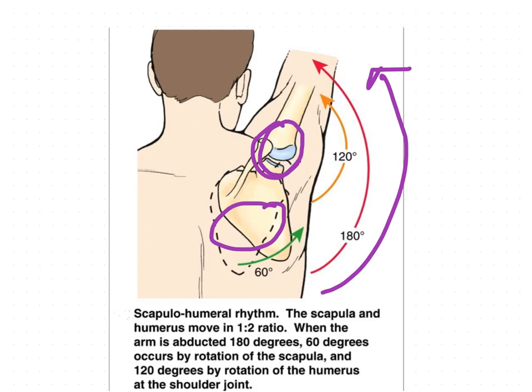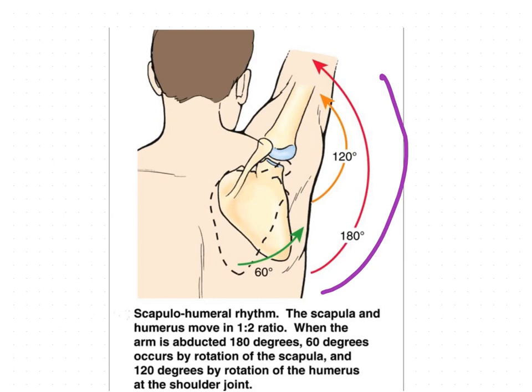Under normal conditions, each joint makes its contribution not only for a particular pattern of movement but also for a coordinated movement known as the scapulohumeral rhythm.